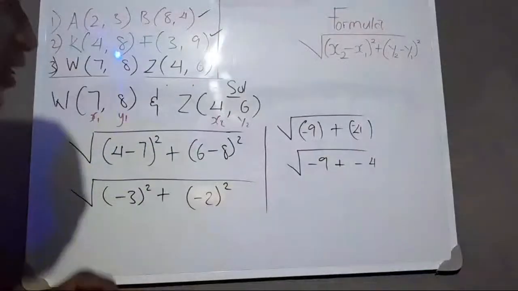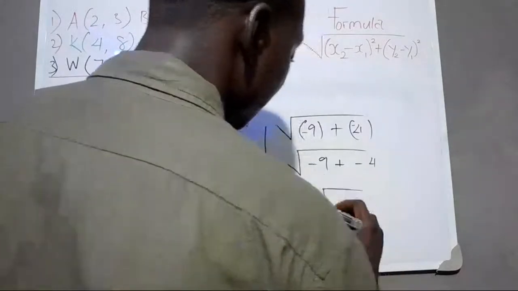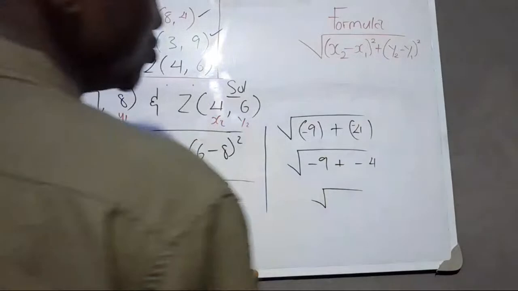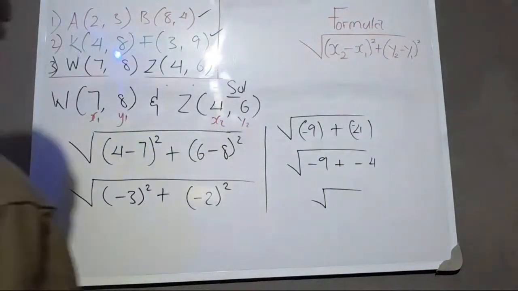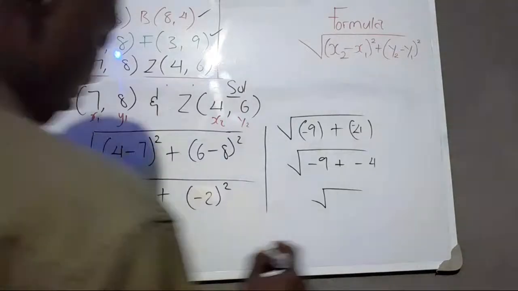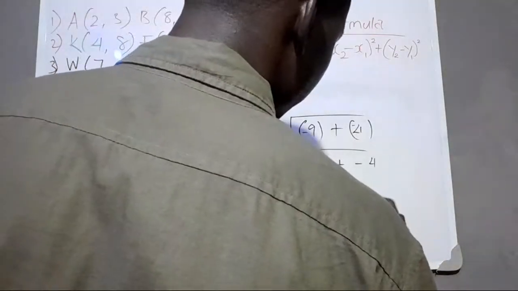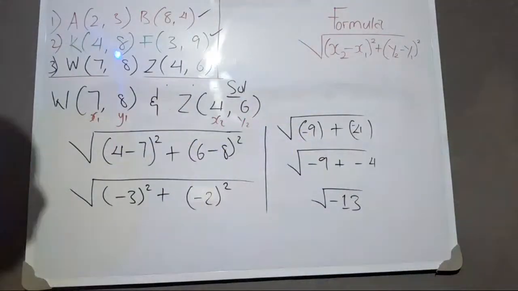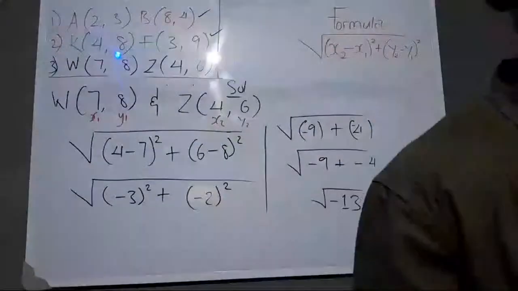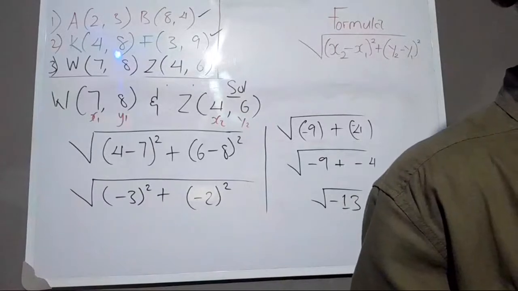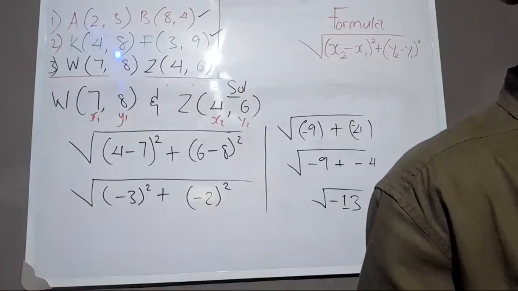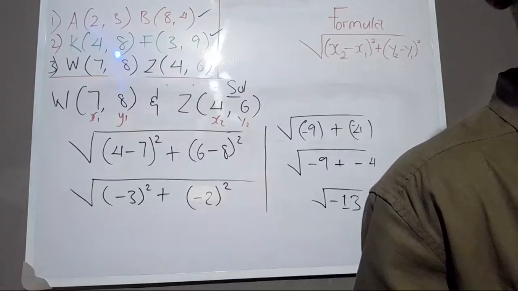So what you are to get now is negative 4, negative 9. That should give you negative 13. Okay. So if you are to do the square root of that, okay, let's check the square root of that.